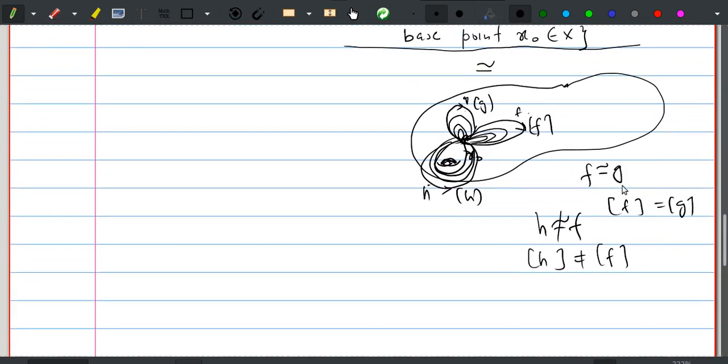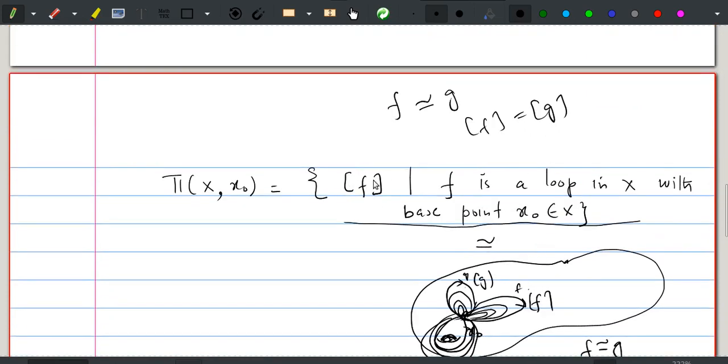So these two elements will give us two classes. One should understand the meaning of this quotient here: these elements are up to homotopy.